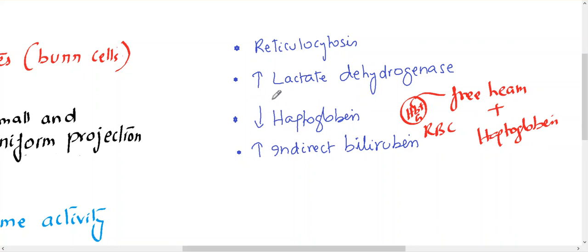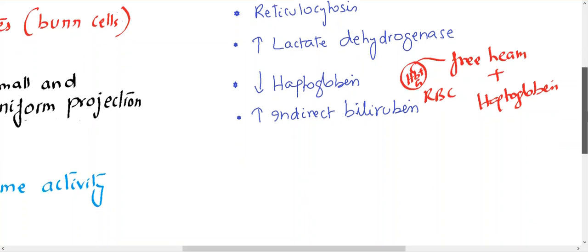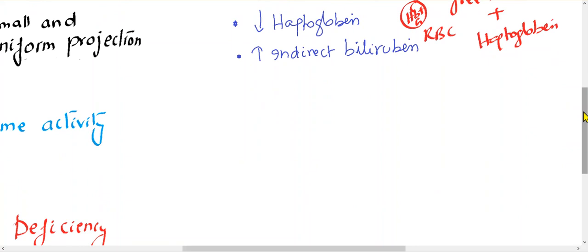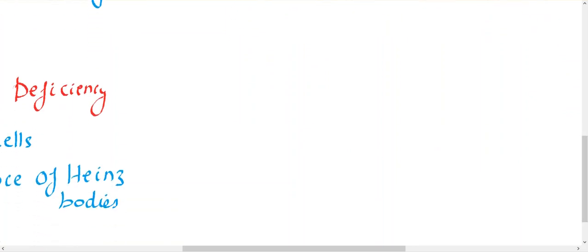Its level goes down. Unlike the lactate dehydrogenase, the reticulocyte and the indirect bilirubin will go up. Now, why is the indirect bilirubin going up? As we saw, the RBC also releases bilirubin and its level will go up. So whenever you see these levels, guys, you should remember that you are dealing with a hemolytic anemia. Okay, as the questions are time sensitive, you can smartly answer the question.